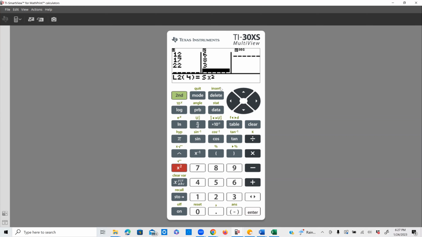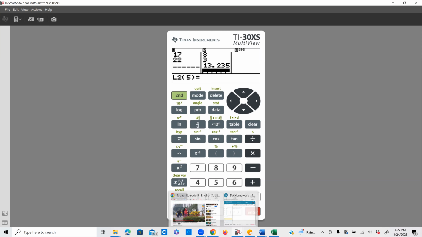And square button here again. So Sx square is right here, 13.235. So it would be 13.24 to 2 decimal places.